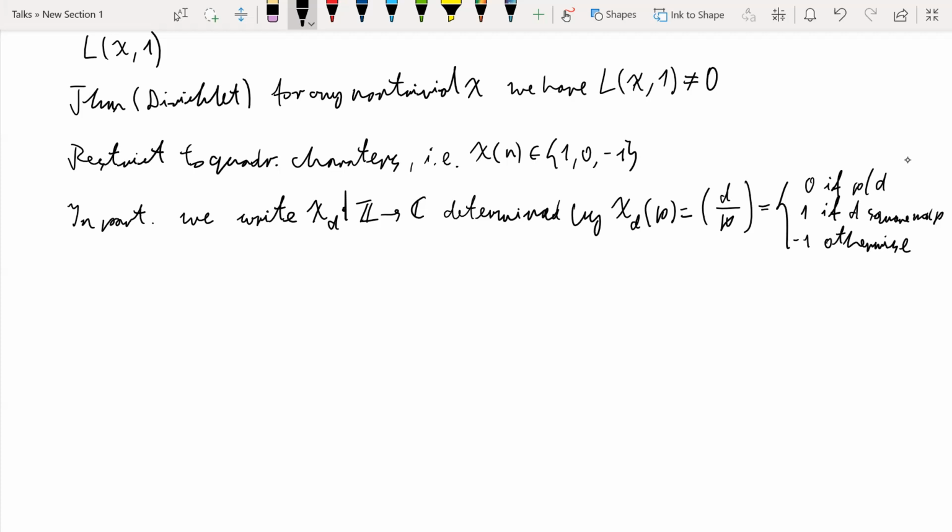And we'll also be putting some restrictions on D, namely that D is a square free odd number, or D is equal to 4 times an odd square free number.